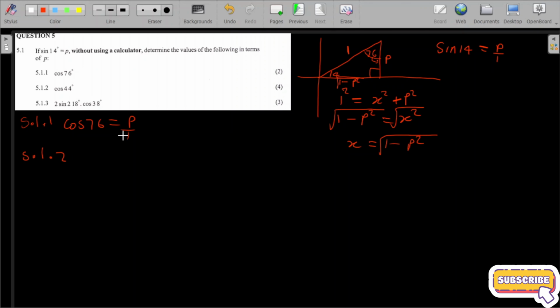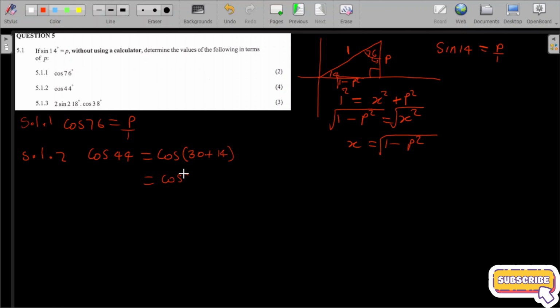So let's go to 5.1.2. Now cos 44, we can do this one in terms of the compound angle. How am I going to do that? This one is going to be cos of 30, which is the special angle, plus 14, which is the angle that I have here. Now, what is the compound of cos?